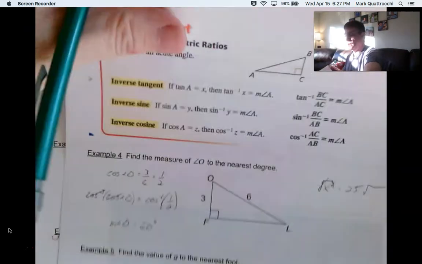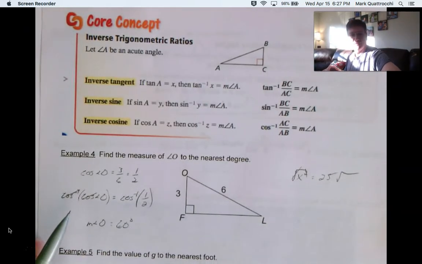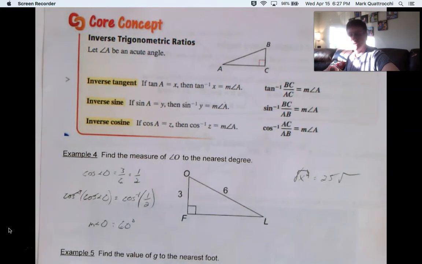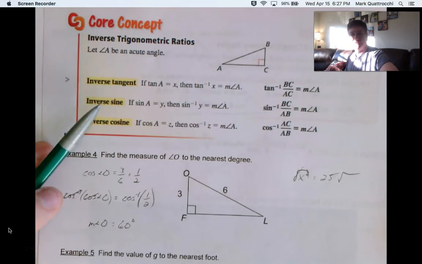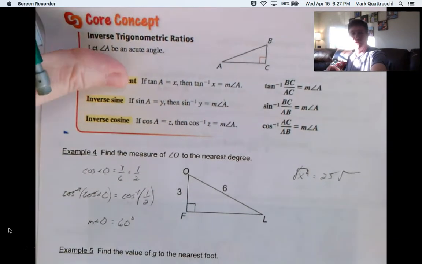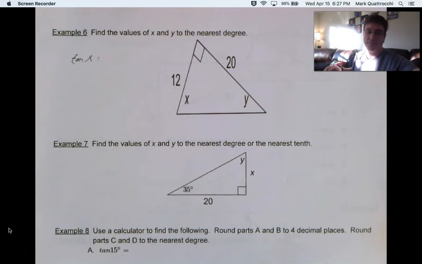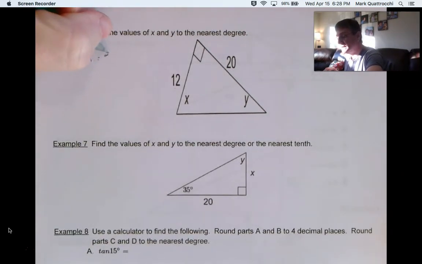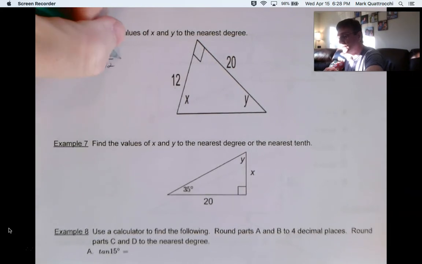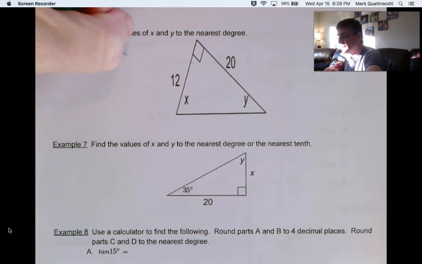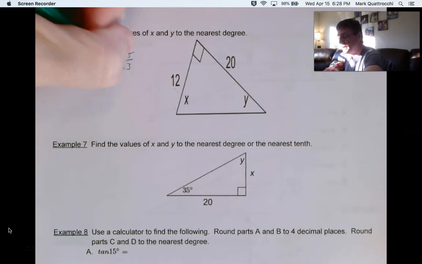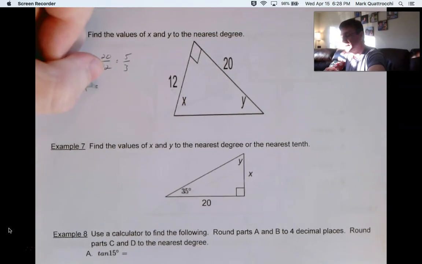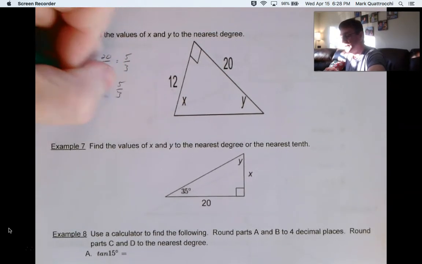All right. When do we use inverses? Use inverses whenever you're trying to find the angle measure. It's the only time you're going to use inverse, whether it's inverse tangent, inverse sine, or inverse cosine. You only use inverse when you're trying to find the angle measure. That's what we're going to do here. So tan x equals 20 over 12, or 5 over 3.